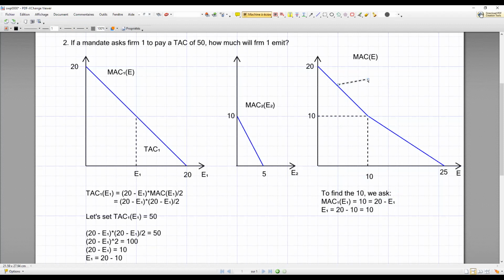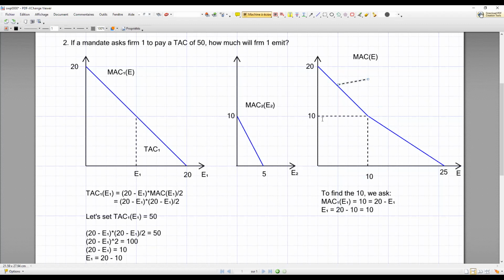We're sort of over time, but let's just ask this and then we can continue and ask what this other thing is. Nobody has it? On this section, firm 2 is emitting nothing.